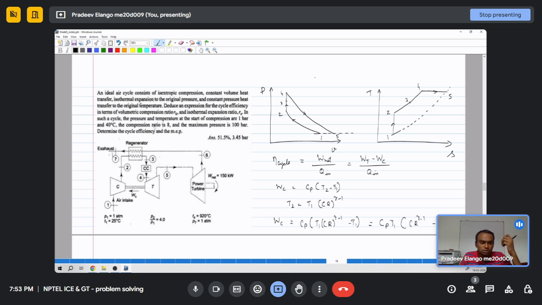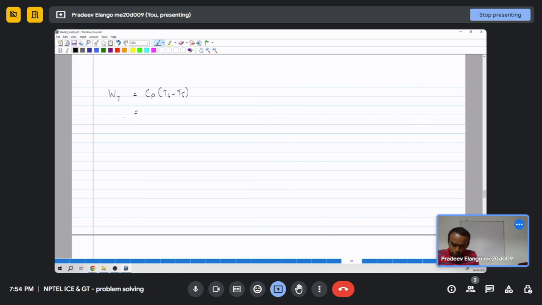So what is the work done in an isothermal process? Work done in an isothermal process.